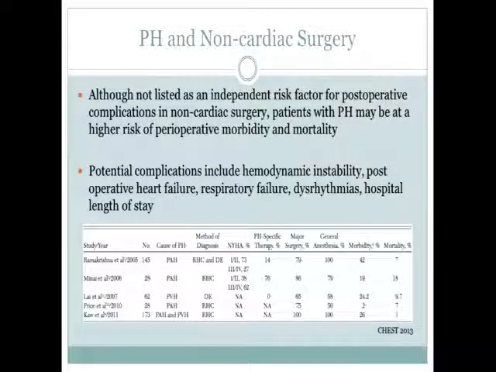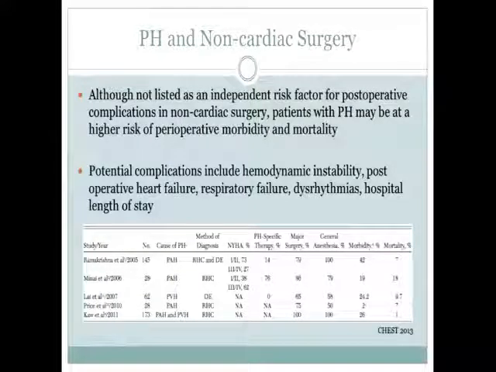But there have been some studies, and it is a bit limited because they're mostly based on small series, so it still remains poorly defined, but there have been some studies that indicate certain risk factors in patients with pulmonary hypertension that could predict perioperative morbidity and mortality, and those can be related to intra-op or post-op hemodynamic instability, heart failure, especially right-sided heart failure, dysrhythmias, increased length of hospital stay, etc.